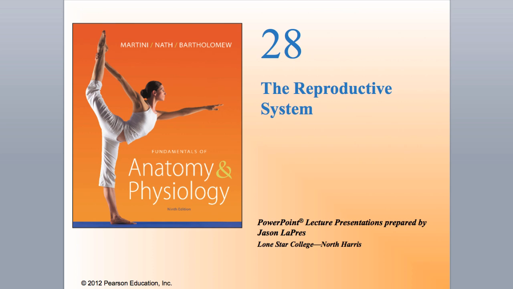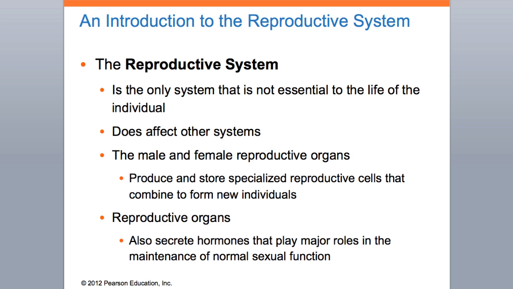Now, starting with our first slide, we have this picture. Now it says, the reproductive system is the only system that is not essential to the life of the individual, but it does affect other systems. So if we have a urinary issue, it can be a reproductive issue, or a reproductive issue can actually be a urinary issue as well.